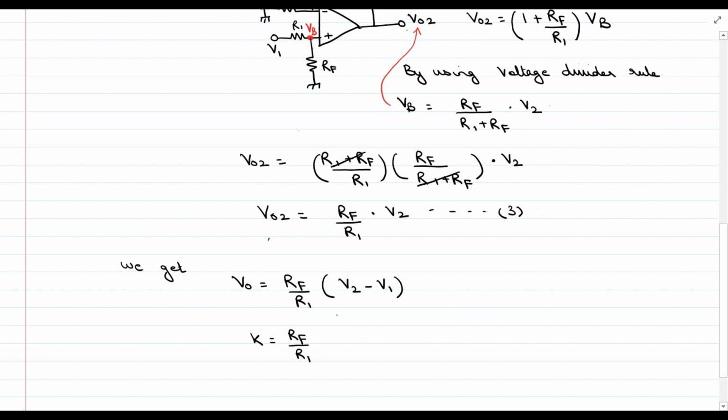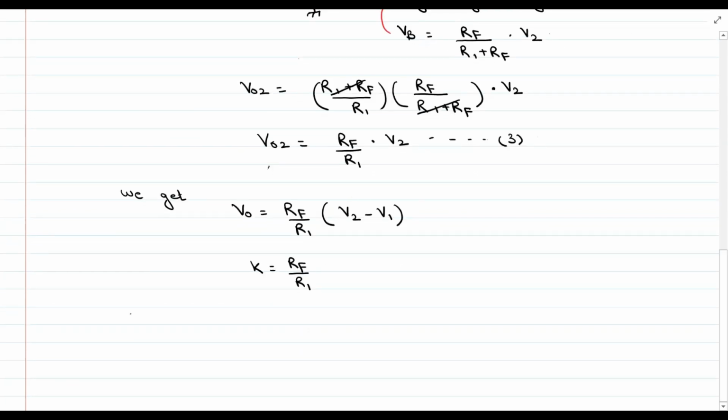Now practically, we have to see this implementation. So for practical purpose, let us assume that RF is equal to 10 kilo ohms and R1 is equal to 1 kilo ohms.